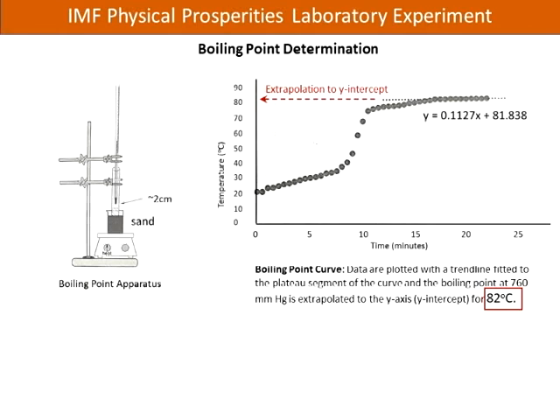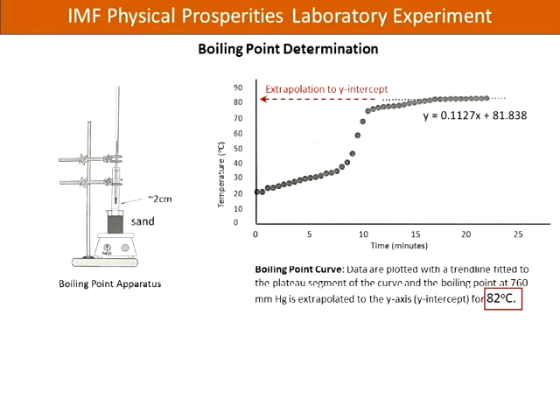A curve is plotted as shown here, and a trend line is taken at the plateau of the curve and extrapolated back to the temperature axis, which is the y-axis, and at that y-intercept, a measurement is made to determine the boiling point of the alcohol. In the example shown here, the boiling point of the alcohol was determined to be 82 degrees C.